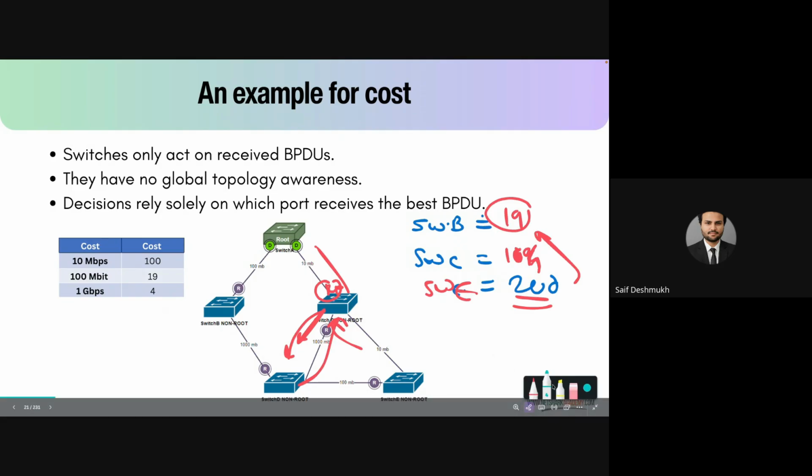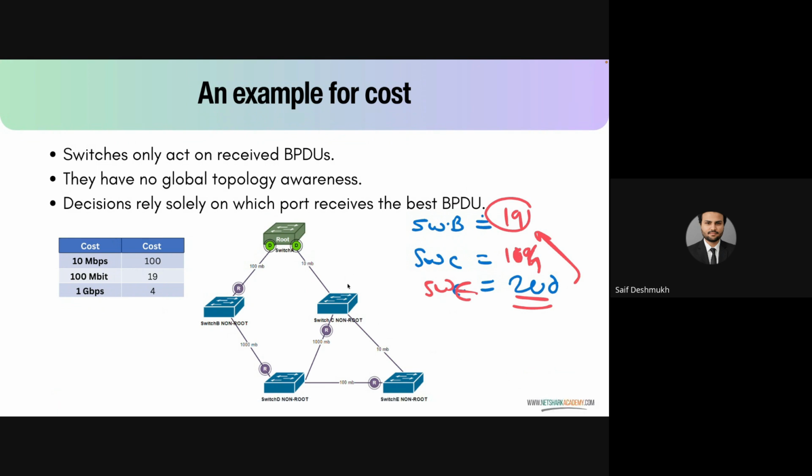So if we talk from the perspective of switch C, in the beginning everyone sends a BPDU everywhere, regardless of the interface. Okay, because you talked about before these ports were elected, right? So in the beginning, they send configuration BPDUs everywhere. And here's the thing, Hassan, if I would like to go back to your question, you there?